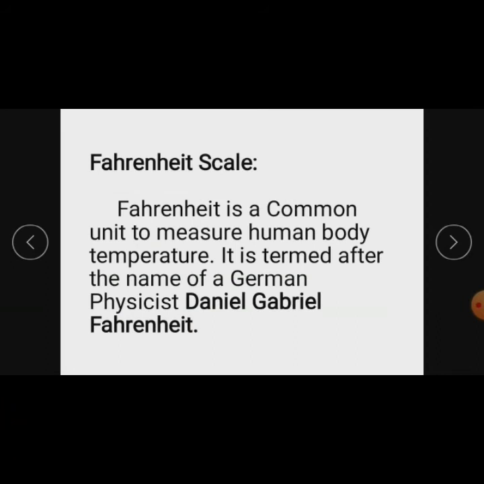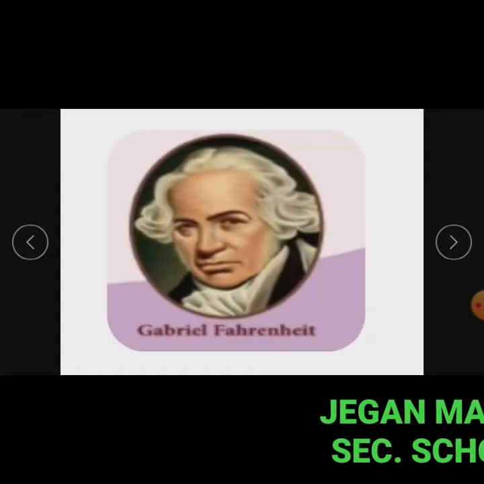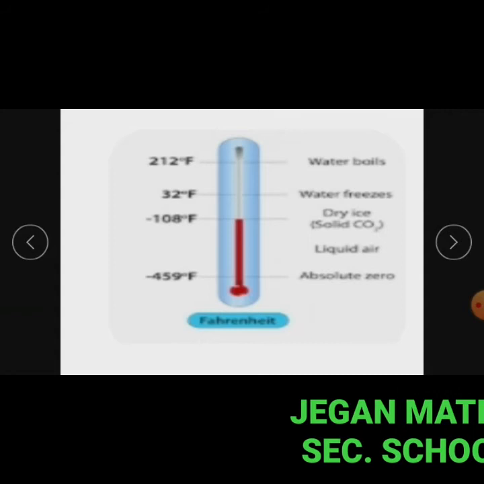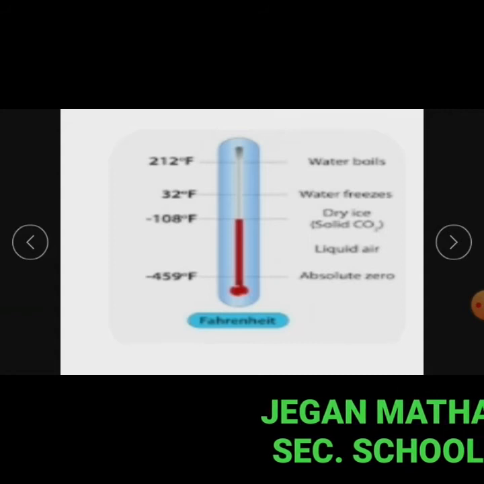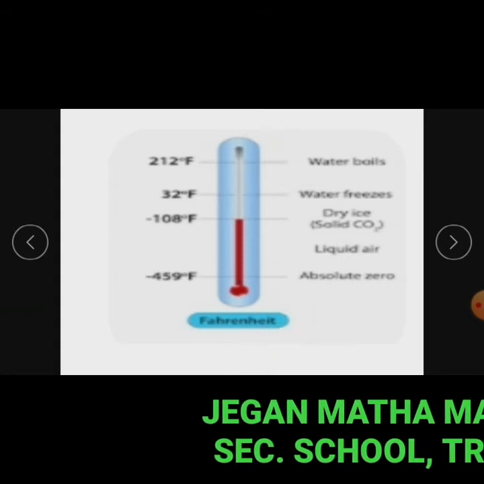Fahrenheit scale. Fahrenheit is a common unit to measure human body temperature. It is named after the German physicist Daniel Gabriel Fahrenheit. In this figure, a Fahrenheit scale thermometer is shown.